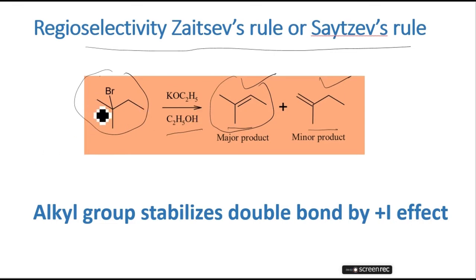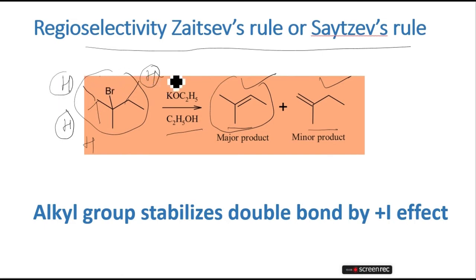How is it formed? There is one hydrogen here. Here 3 hydrogens are there. Here is also hydrogen. So either this hydrogen will be abstracted or this hydrogen.